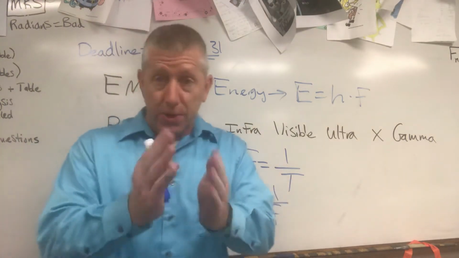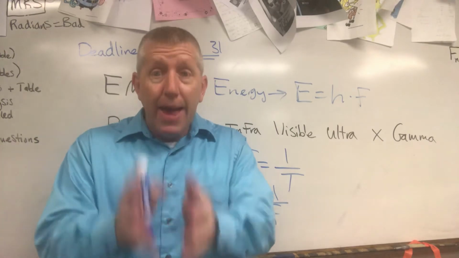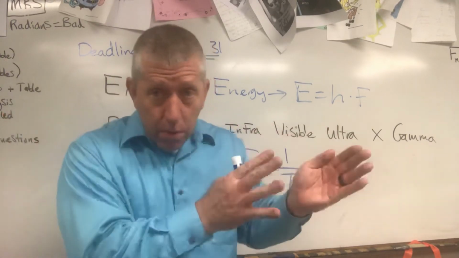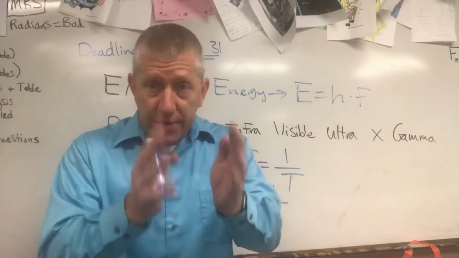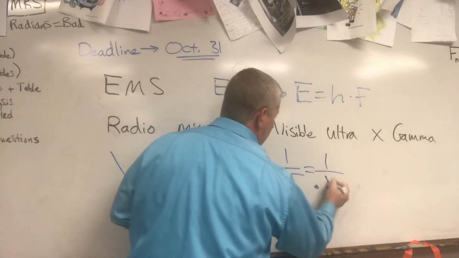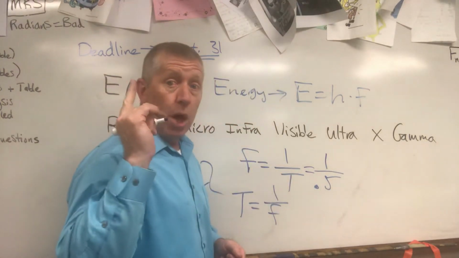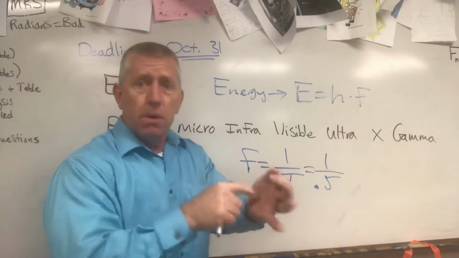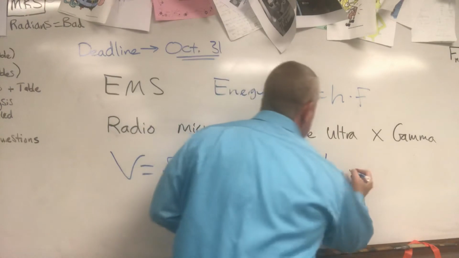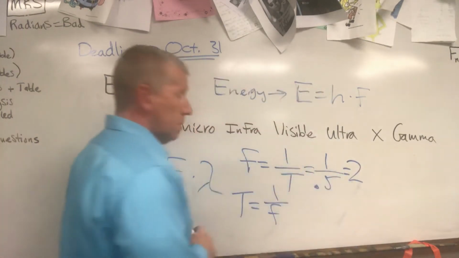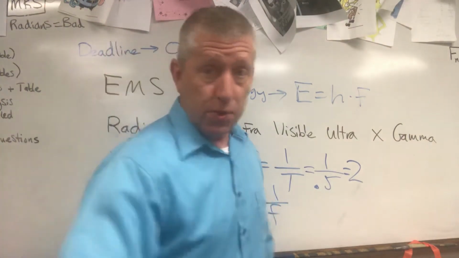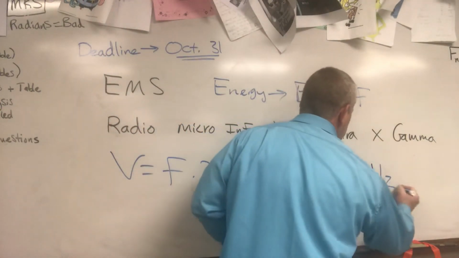So if it takes a wave half a second, 0.5 seconds, to go by, then the frequency would be 1 over 0.5. Get the calculator up. Billy, would you? 2. Thank you, Billy. So frequency is 2 hertz. The unit is hertz, H-Z.